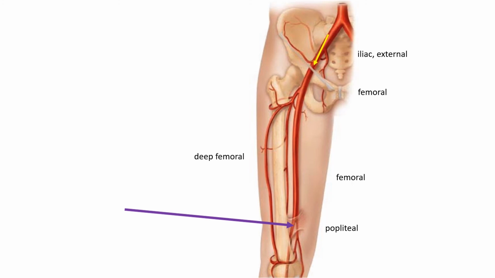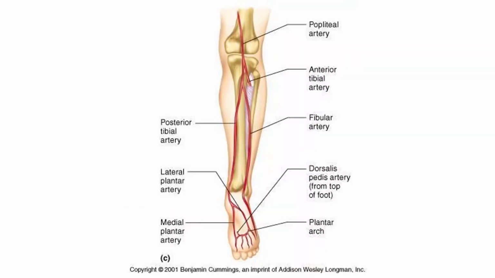This is the external iliac, as it passes under the inguinal ligament and continues as femoral, and higher up it gives a branch that is going to the posterior compartment of the thigh called the deep femoral, and then the femoral becomes posterior to the knee joint to become the popliteal arteries, and from the arches, digital branches coming out of these arches.